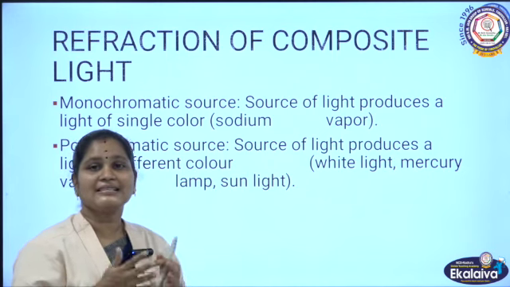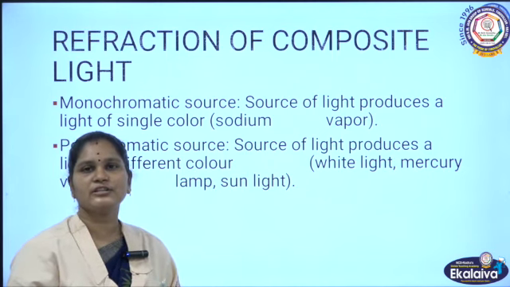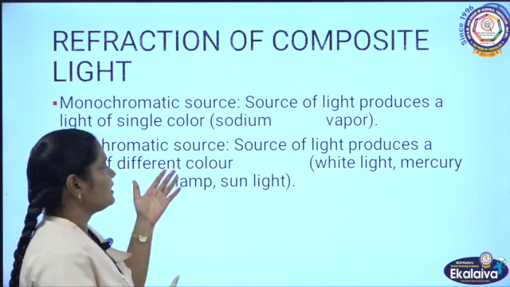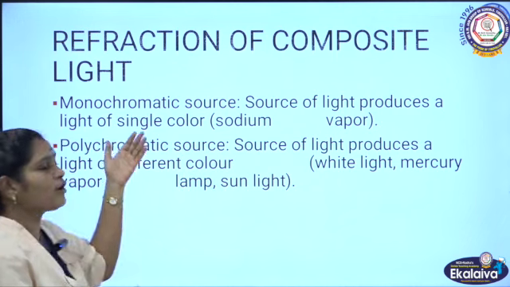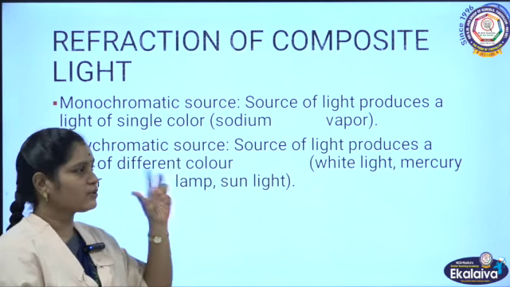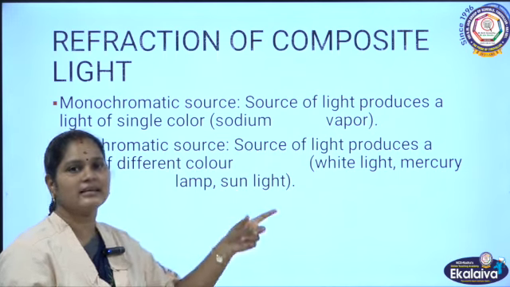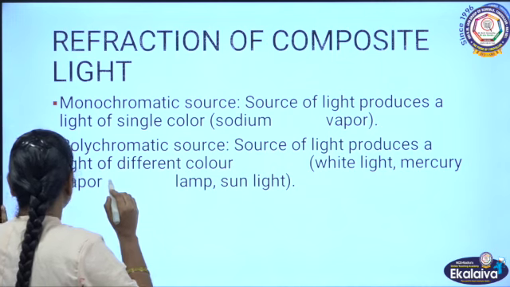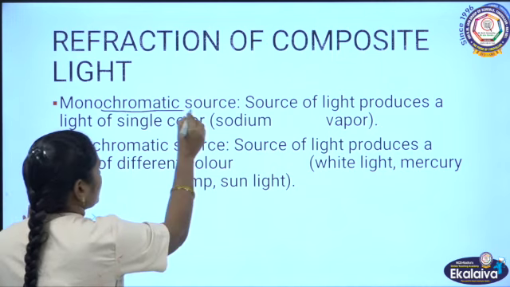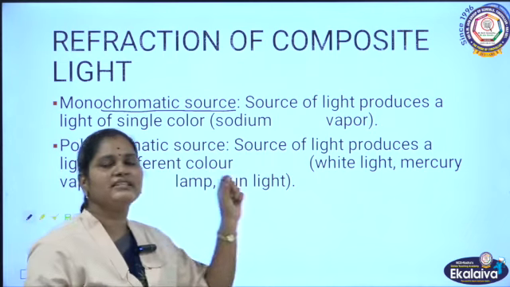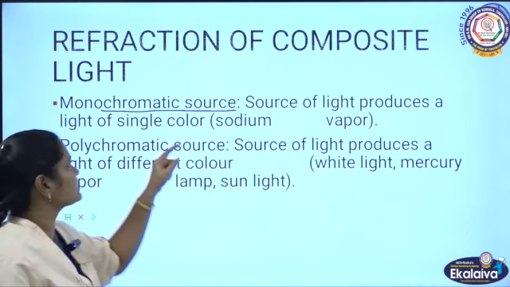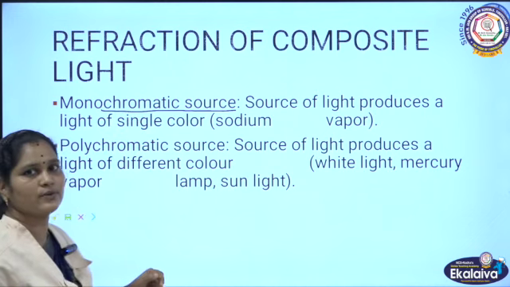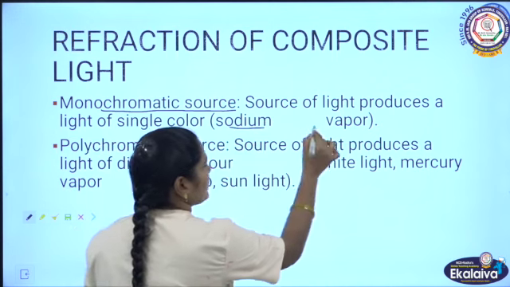The sun is the fundamental and natural source of light. A source of light which produces light of a single color we call a monochromatic source, because it has the ability to produce a single color. An example is the sodium vapor lamp.